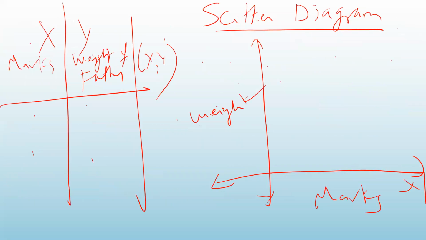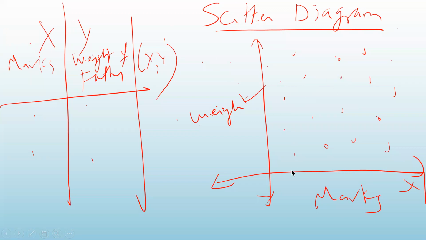You will see that when you plot, the points are very, very randomly scattered on the graph. This type of pattern does not give you any particular pattern. The points are haphazardly scattered on the graph paper. You cannot predict a pattern.